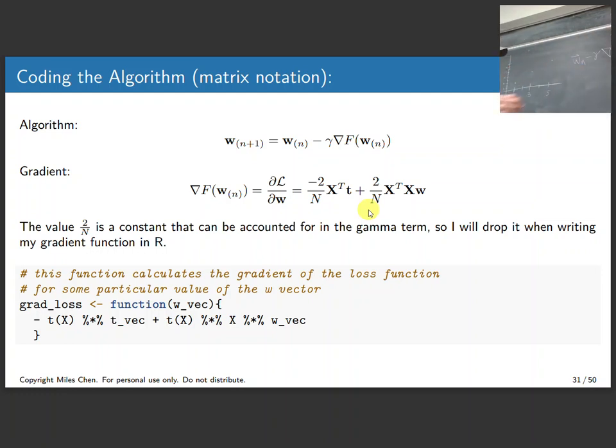And so gamma times 2 over n is basically just another constant.